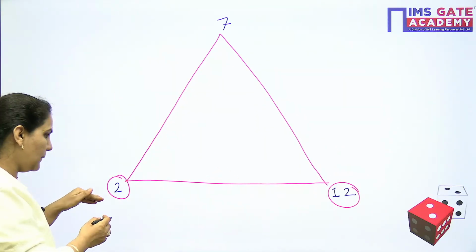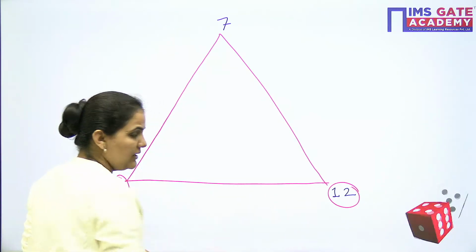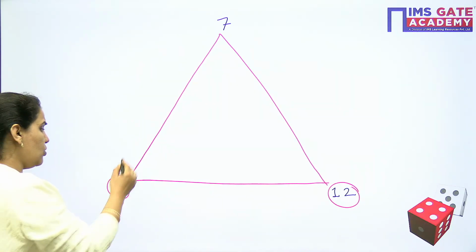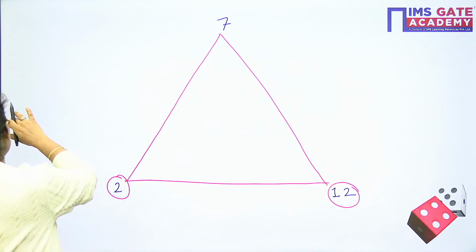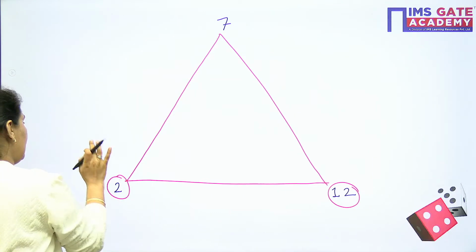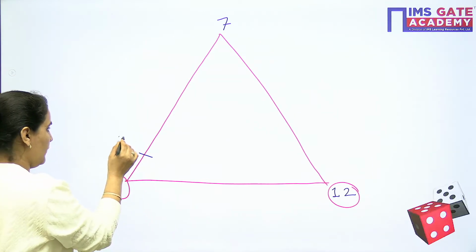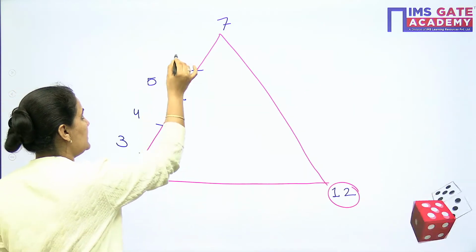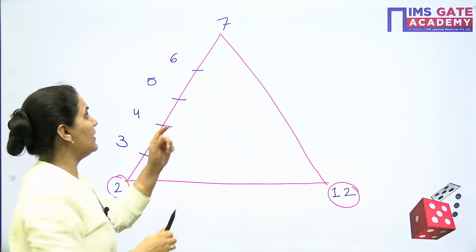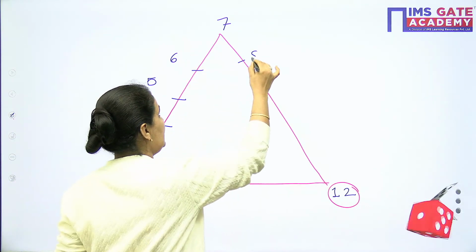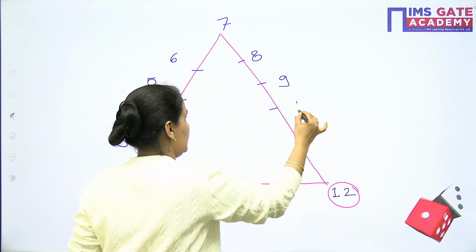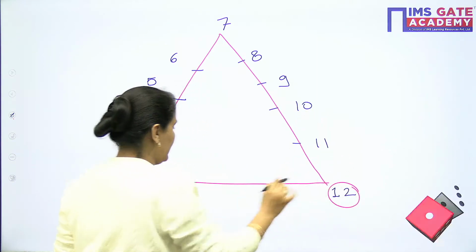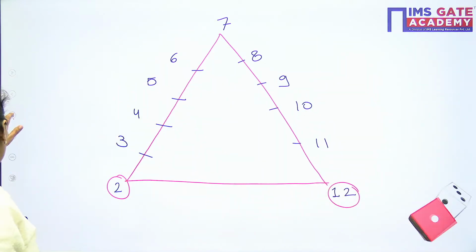So I am starting from 2 and ending at 12. So I can write here 2, then we can go for 3, and all the sums we can write: 4, 5, 6, and 7 I already wrote in the middle, then 8, 9, 10, 11 and 12 we have. So we can approach the trick.